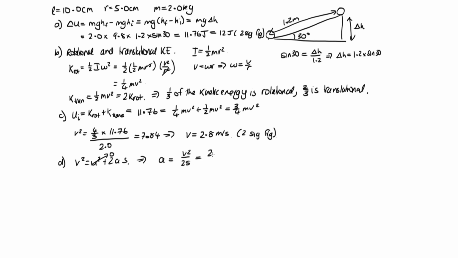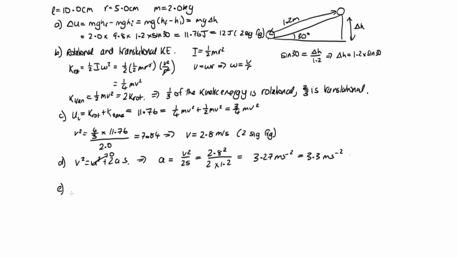So that is equal to 2.8 squared over 2. Now s, that's the displacement down the slope. So that's times 1.2. And so this is equal to 3.27 meters per second squared. So that's equal to 3.3 meters per second squared.